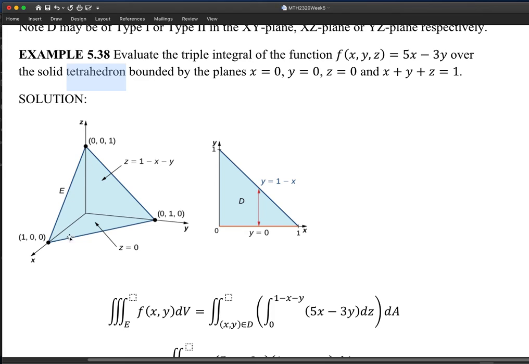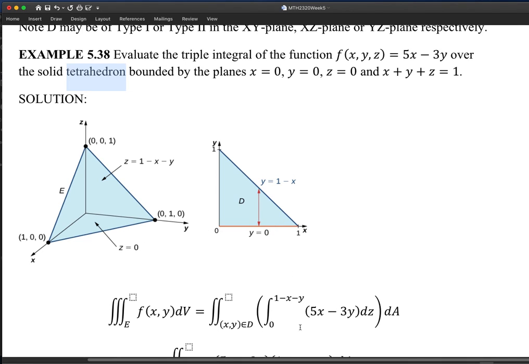The top surface is this triangle. The lower part is a triangle in the xy plane. So we can evaluate this triple integral in terms of z first, and then consider the region in the xy plane.